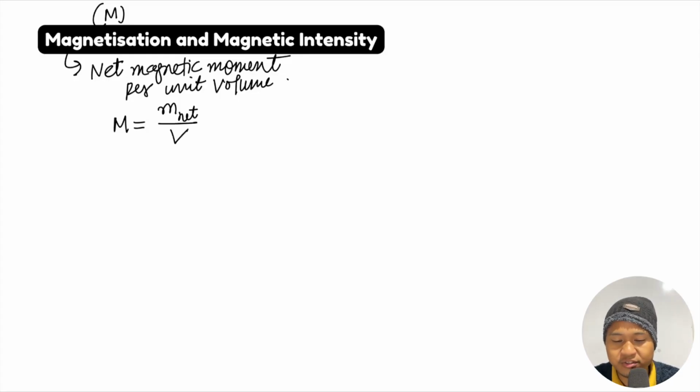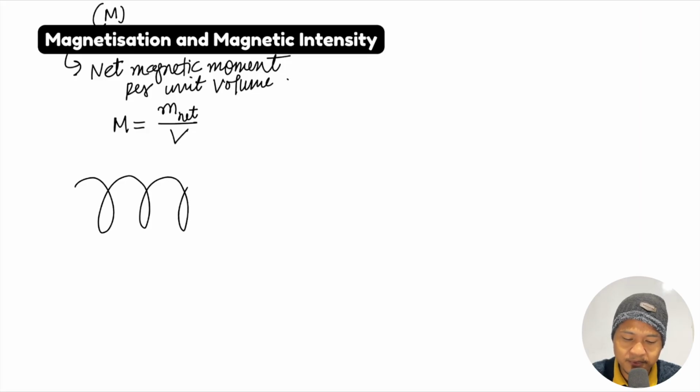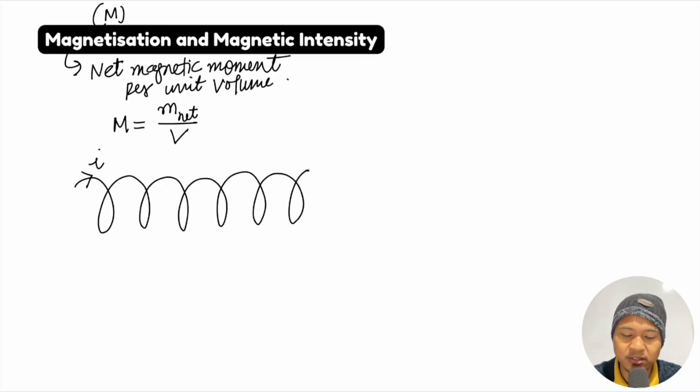Now an application of this definition: suppose I have a solenoid. Whatever is written in NCERT I'll explain here. Suppose I have a solenoid with current, so there will be a magnetic field.